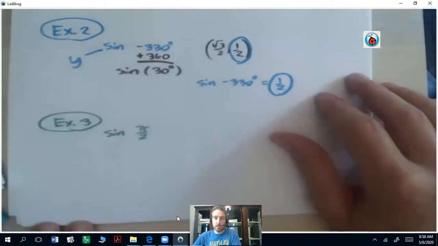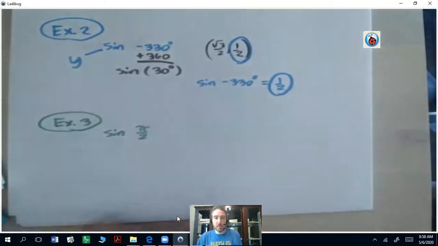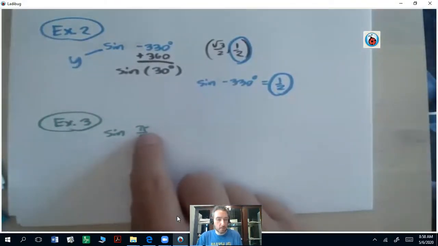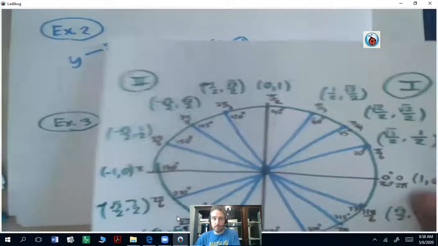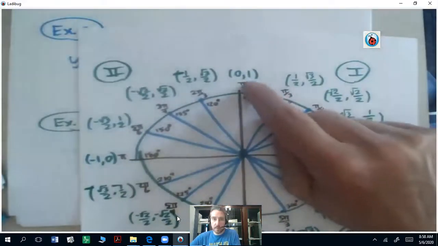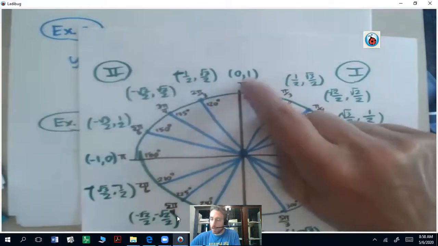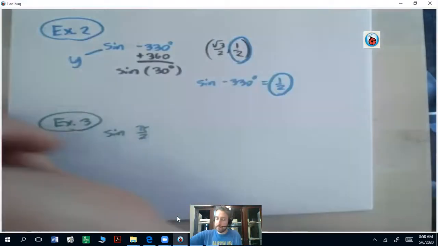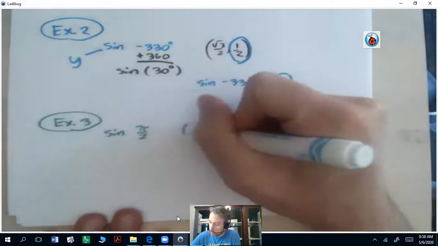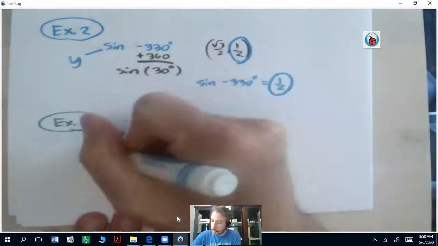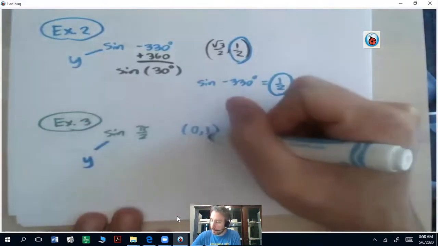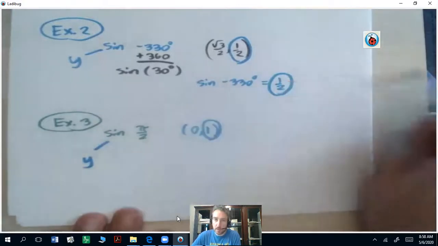All right, example 3. What is the sine of pi over 2? Pi over 2 is at 90 degrees. That coordinate is 0, 1. Sine, again, is the y value. So the sine of pi over 2 should be exactly 1.